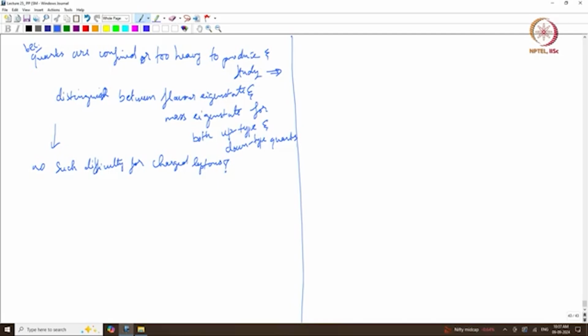Okay. So, when J.J. Thomson discovered the electron, did he discover the flavor eigenstate or the mass eigenstate? It was both actually, both at once. So, when we call something an electron, we mean both the flavor eigenstate and the mass eigenstate. We do not need to distinguish this in the charged sector.